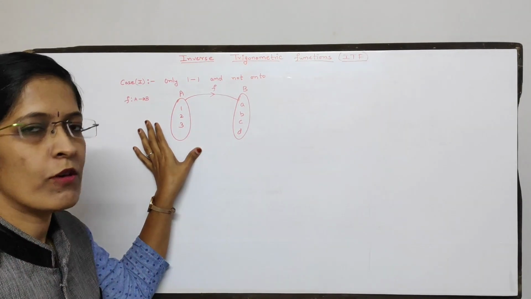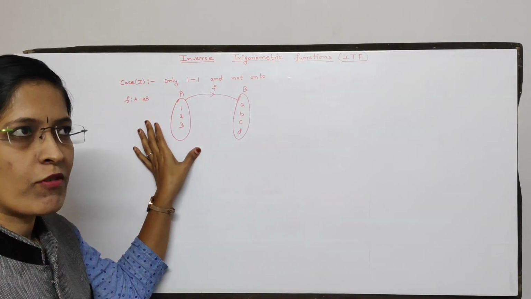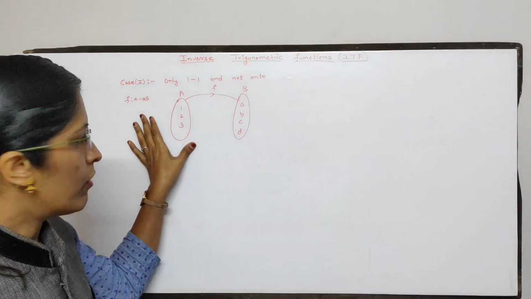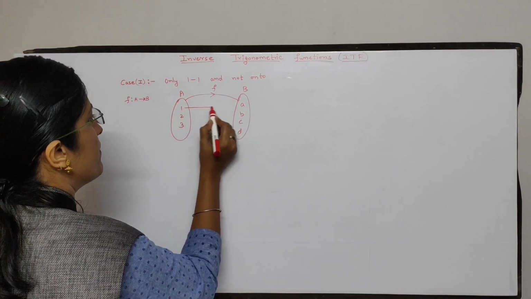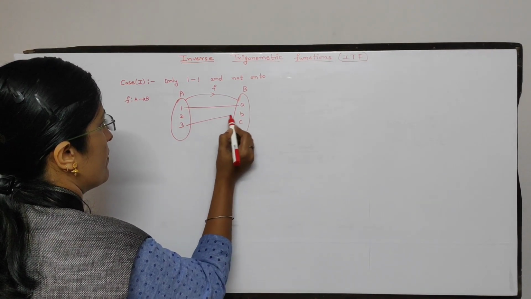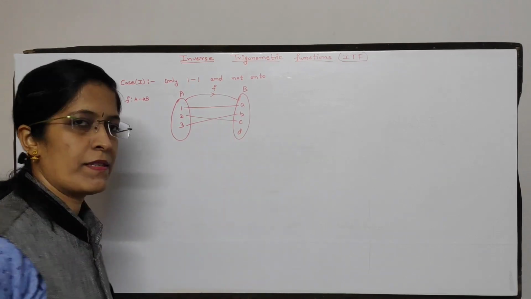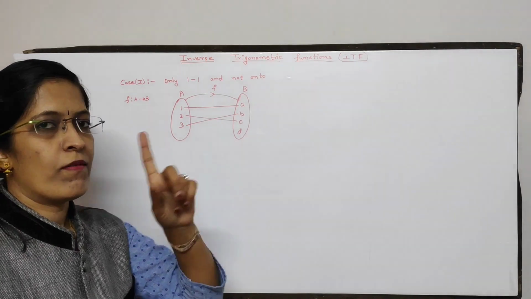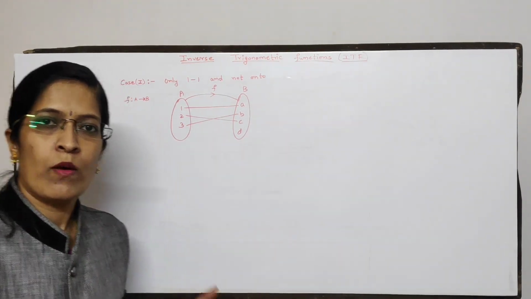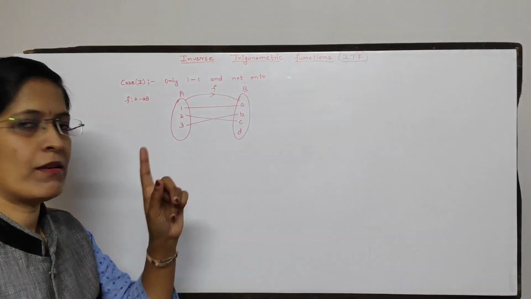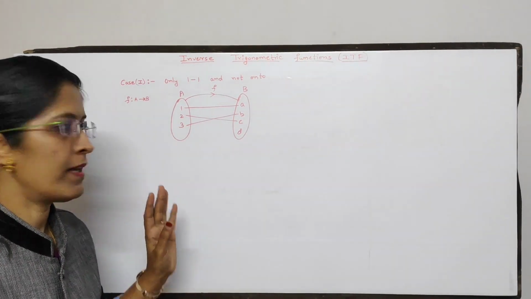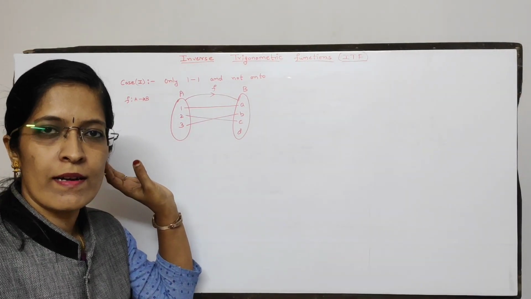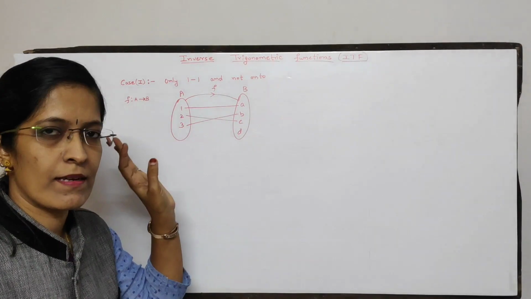This is the first condition for a 1-1 function: all the hostel boys should get a room in the hostel. Second condition is that in 1 room only 1 boy can go. 2 boys cannot go in a single room.